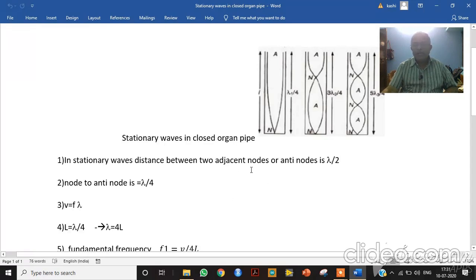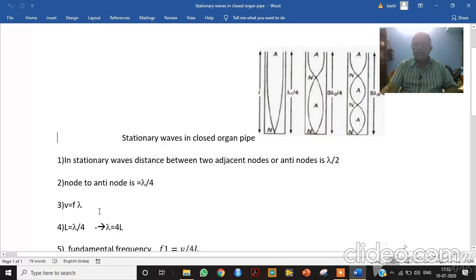If both are nodes, distance is lambda by 2. If both are antinodes, distance is lambda by 2. If one is a node and another is an antinode, then distance is lambda by 4. You have to keep this in mind to proceed.